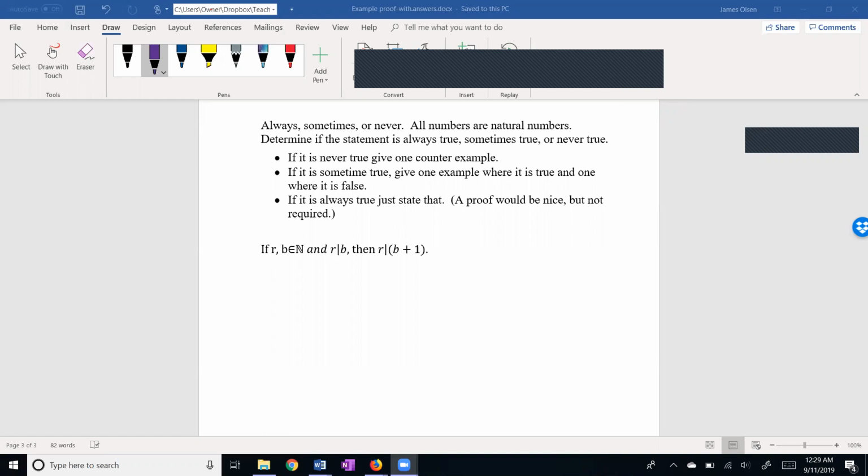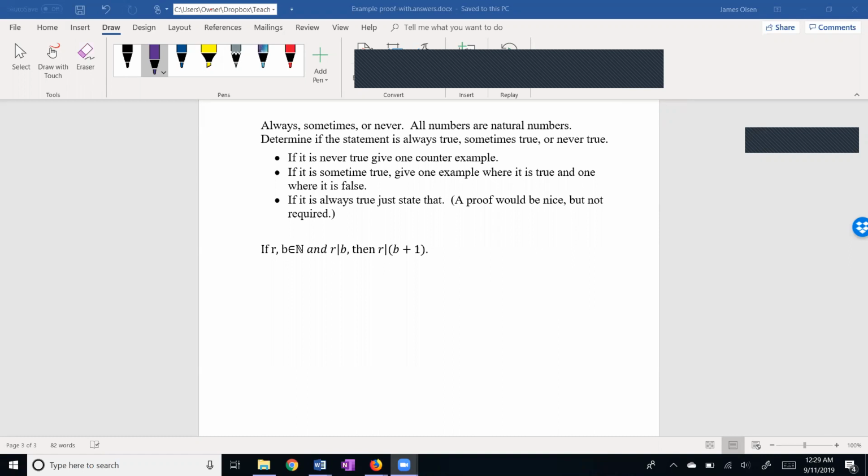I'm going to be a little bit lenient. If the statement is sometimes true, give an example where it is true and give an example where it is false. And if you think that the statement is always true, then just state that. A proof would be nice, but once again, I'm going to be lenient and not require that.